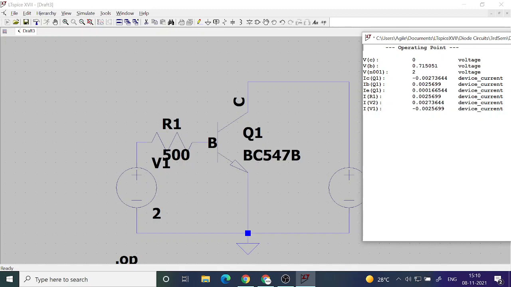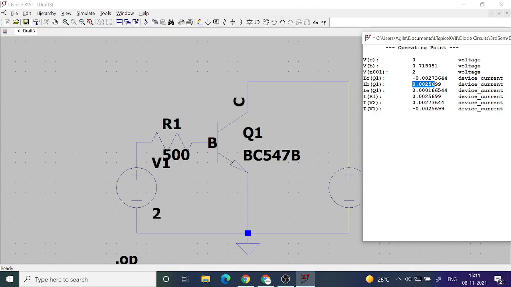And in proportion to this voltage, like earlier, a current IB will flow. And what is the current IB that is flowing? It is of the order of 2.5 milliampere. 2.5 milliampere is the current that is flowing.